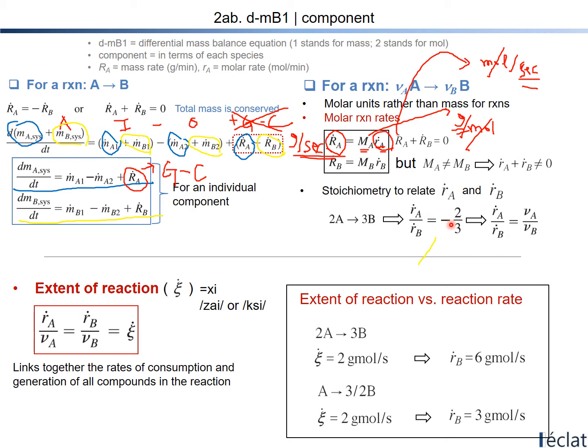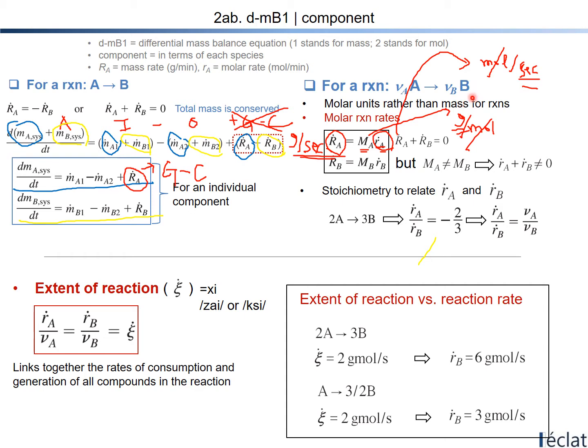Generally, I can say r dot A over r dot B is equal to nu A, the stoichiometric coefficient of component A, per nu B, that of component B. Okay, so for this chemical reaction equation, we could define the reaction rate of A and the reaction rate of B. Also, the values of the reaction rate of A and the reaction rate of B are different.